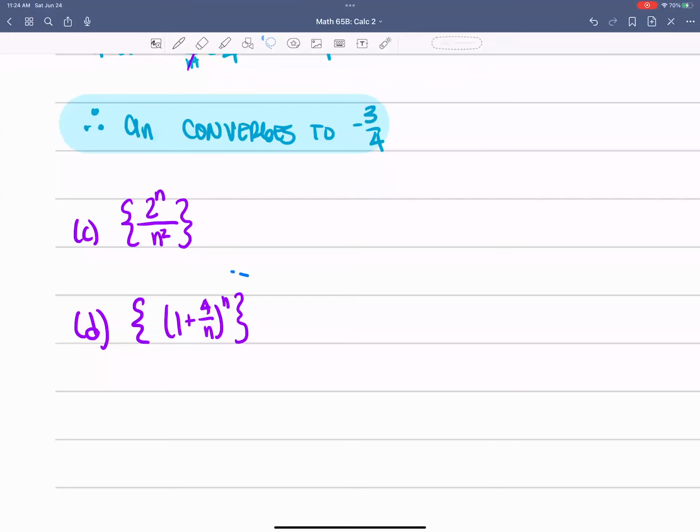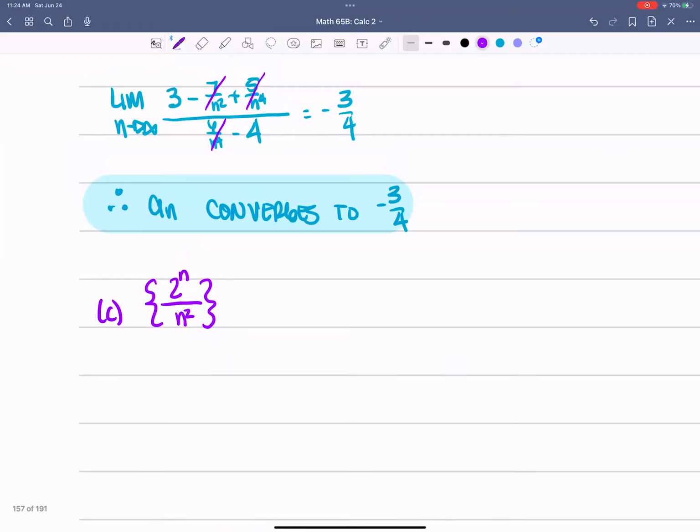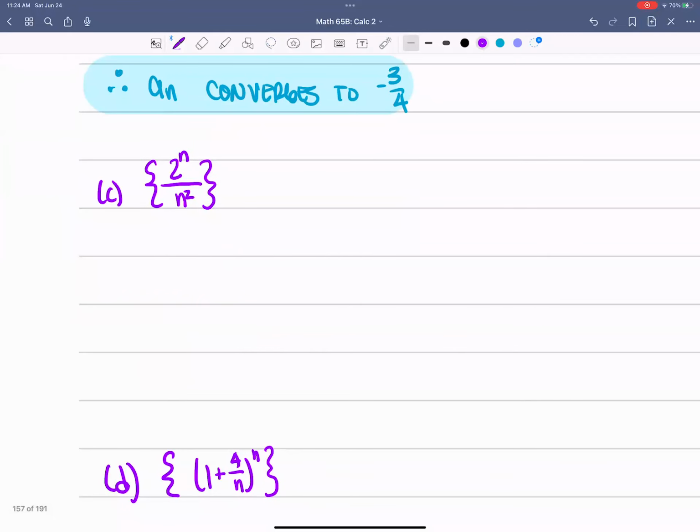So this is actually C, D we'll do here in just a minute. So what we're looking at here is the limit as n approaches infinity of 2 to the power n over n squared.